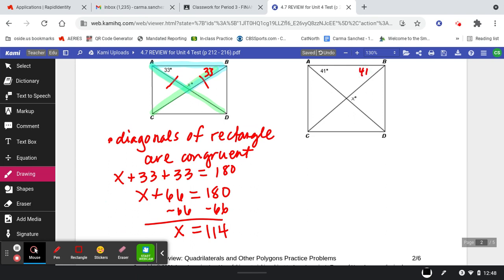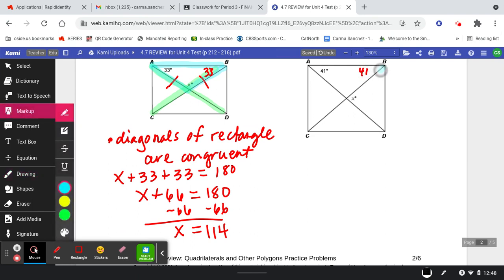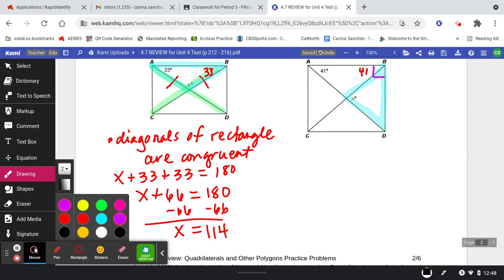but we're wanting to talk about this triangle on this side. Now remember that this entire corner of a rectangle is equal to 90. So couldn't we do 90 minus 41 to find that missing other angle, that complementary angle? So 90 minus 41 is 49.